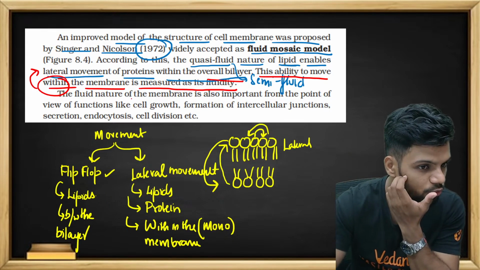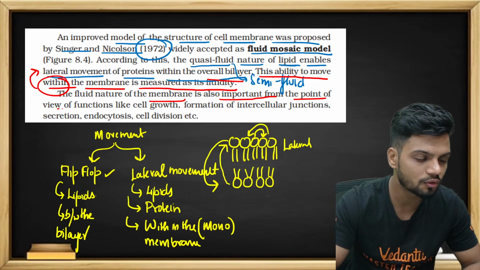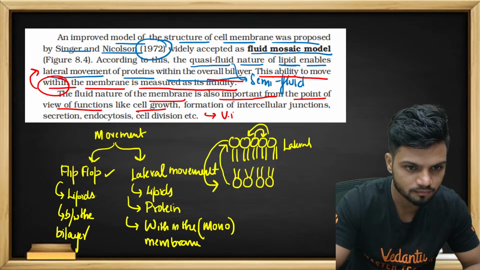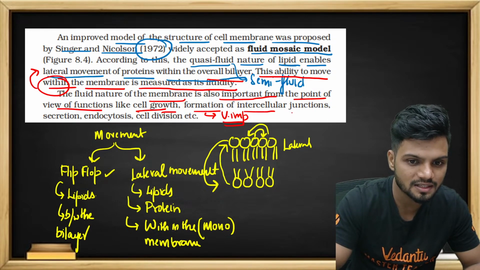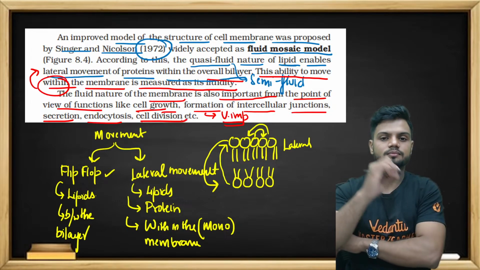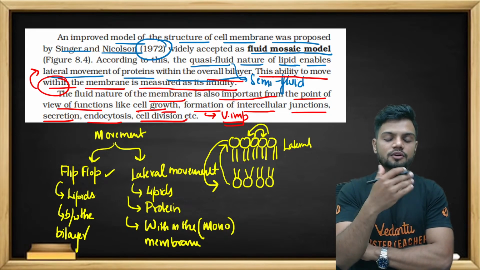Okay. The fluid nature of the membrane is also important from the point of view of functions like cell growth. This is a very important function of the plasma membrane. Cell growth, formation of intercellular junctions, secretion, endocytosis, and cell division. The functions of the cell membrane. Now, why are all these functions happening?